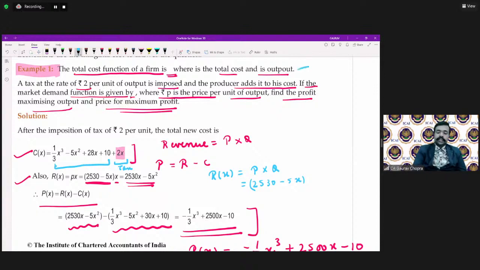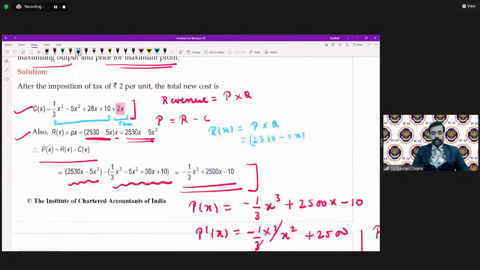So actually in this example 1, 2 equations are missing, cx and px, that is price of x. So these 2 equations are missing, which is why you are having difficulty in this question. All right, so in the next update this will appear here. This question will get corrected automatically now.